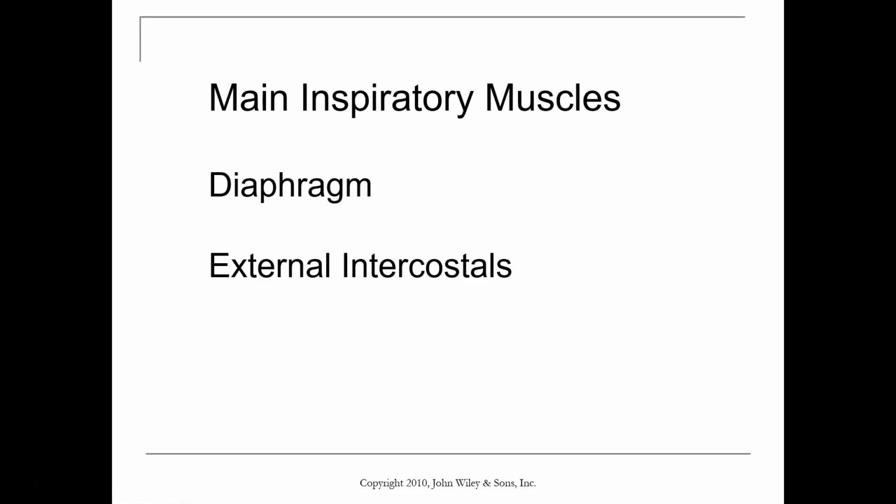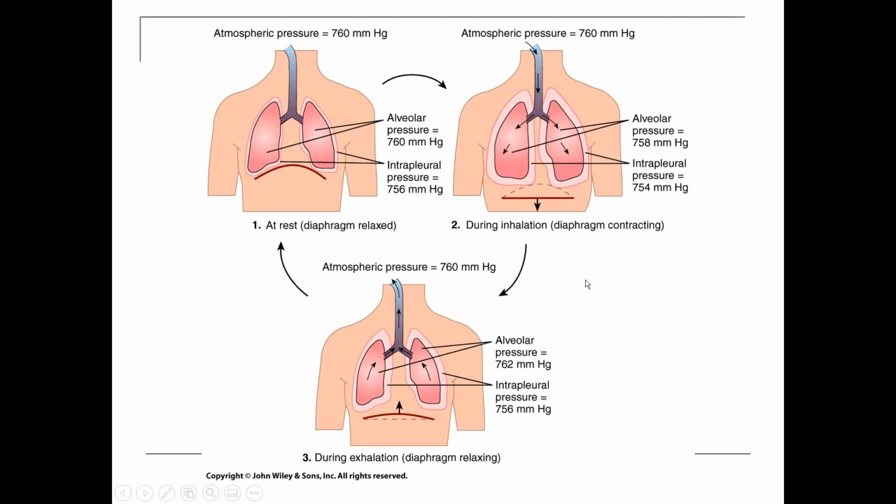You contract both sets whenever you want to inhale. So once again, this makes your thoracic cavity volume bigger, and thus the alveolar volume gets bigger, and that makes your alveolar pressure go down.